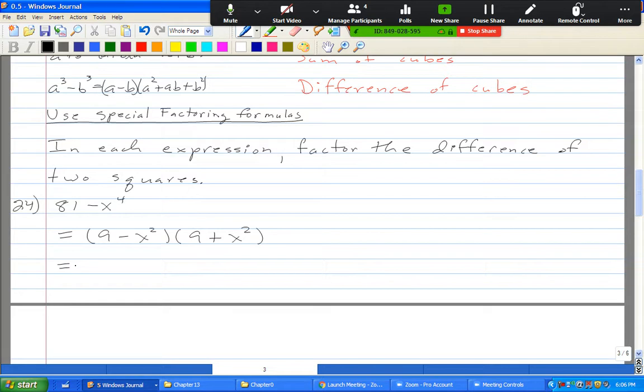I can factor 9 minus x squared as 3 minus x times 3 plus x. That's the difference of squares. However, 9 plus x squared is irreducible, prime over the reals. So I've completely factored this over the reals.